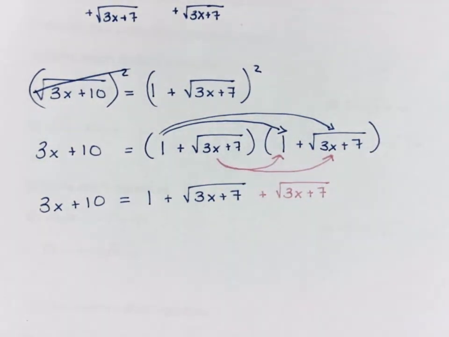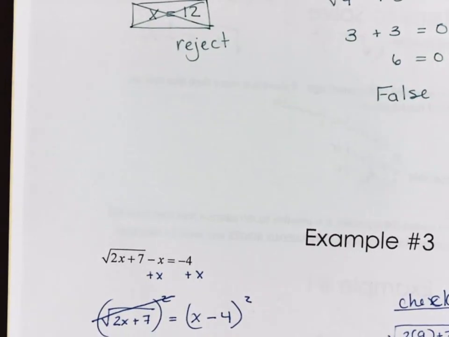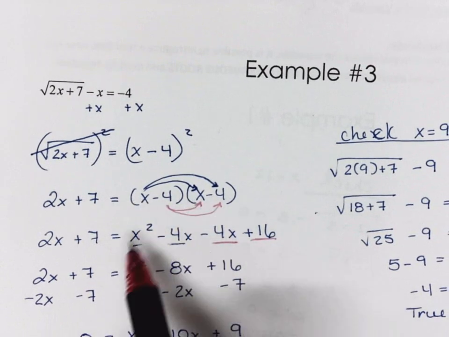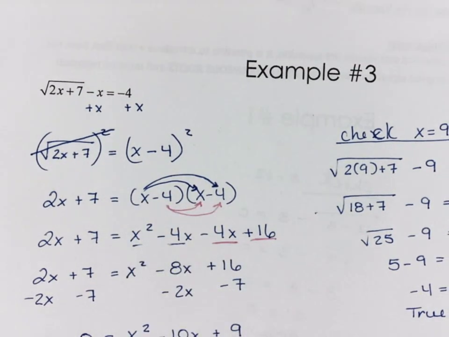And now I have root 3x plus 7 times another root 3x plus 7. So I'm just going to flip back over here for a second. What was x times x? X times x. What did we get? X squared, right? So if we're multiplying something by itself, what's another way of writing it? We're squaring it.